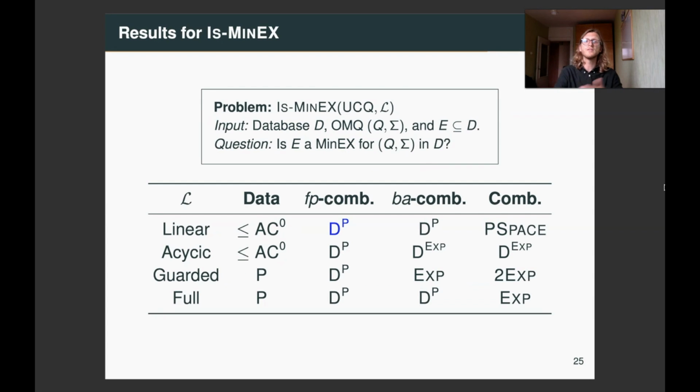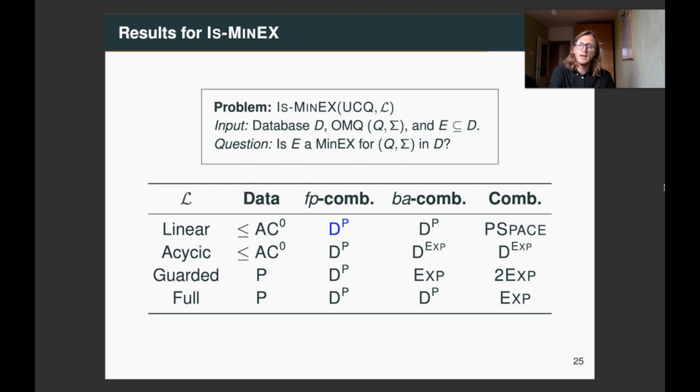And now we look into the complexity of the first problem, IsMinEx. We generally see that the complexity increases, which is not a big surprise because in addition to checking entailment, we need to check also minimality. And we concentrate on a DP result, that is in the linear fragment of existential rules in FP combined complexity, where the query is fixed, just the database and the program come as an input.